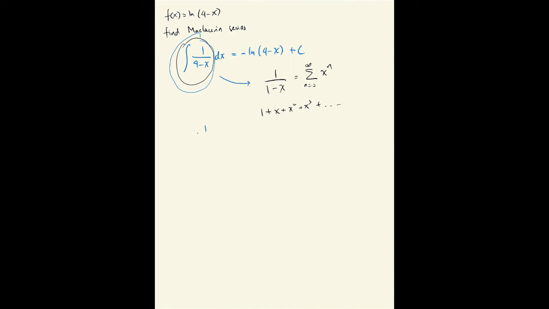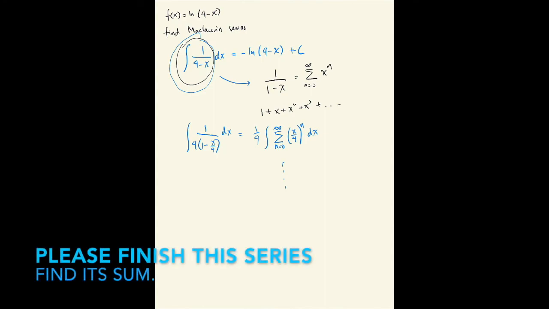So we can have 1 over 4, okay, and then you can finish the rest. Maybe at the very end you can make it merge together again. Okay, you can do it, right?